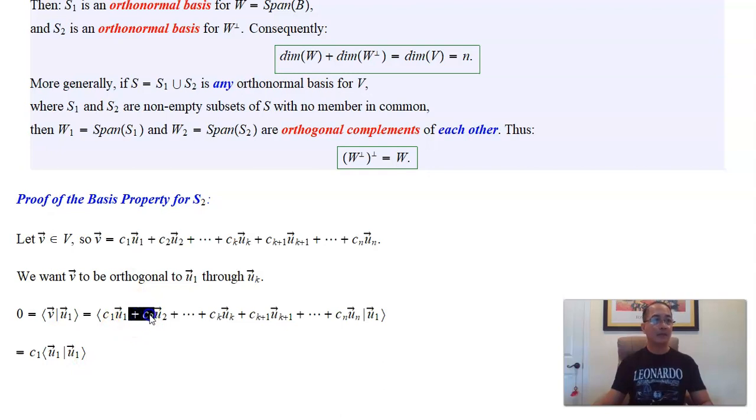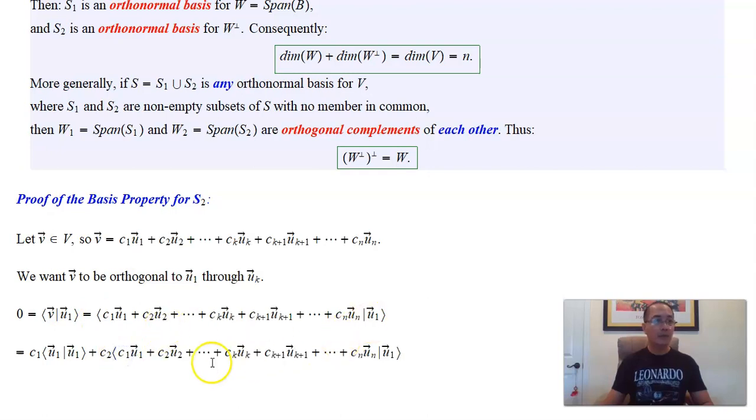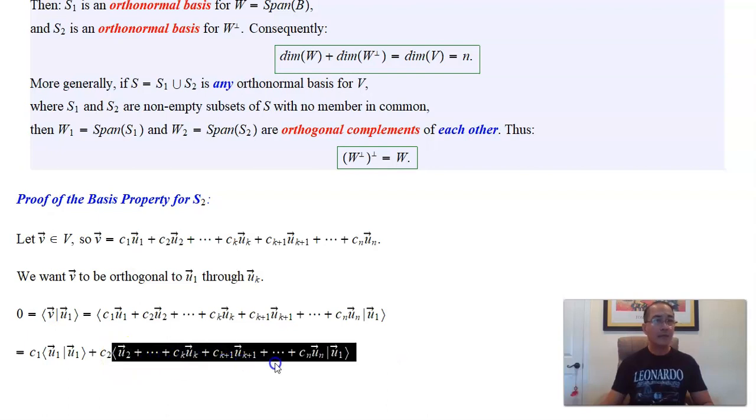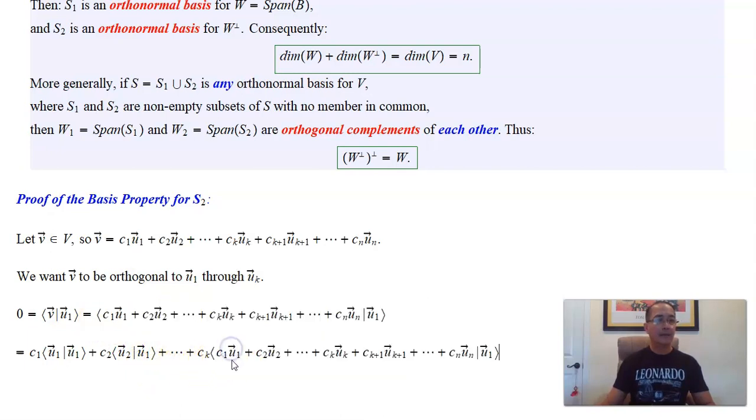What's next? c2, and this time the inner product only of U2 with U1, so that goes away. They all go away except for U2. Keep going. Let's stop at Uk, and then you take away everything but Uk. Keep going, there's more: ck+1. Take everything away except Uk+1.